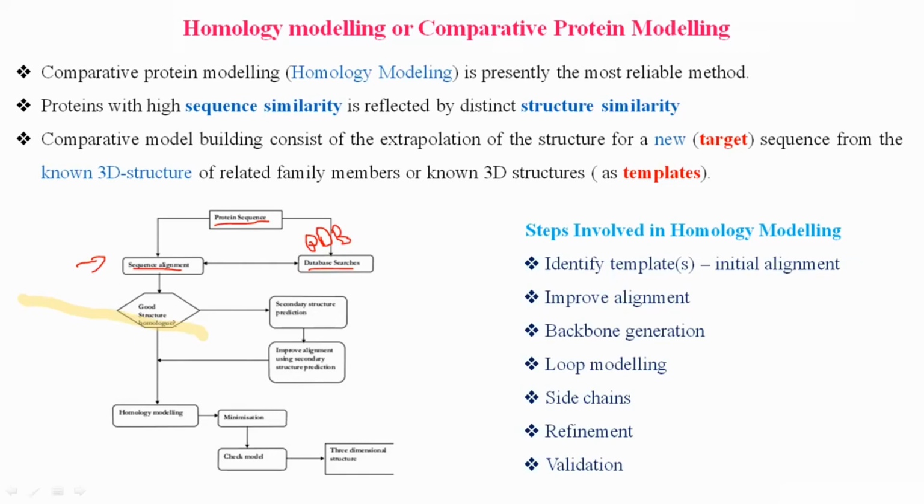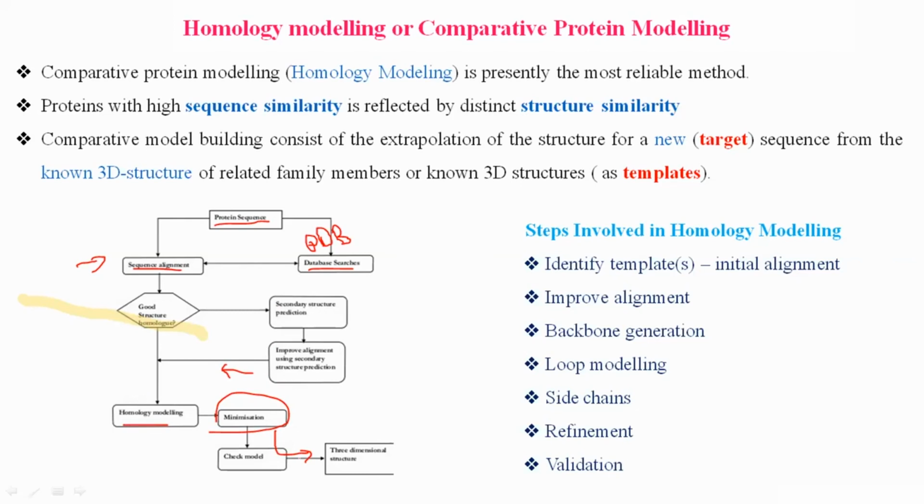Homologs mean similar structure, similar function, similar origin. We get homolog structures similar to the protein we are interested in, then improve the alignment, build a model, minimize the model, and take the model structure for our study. This is the regular workflow of homology modeling.